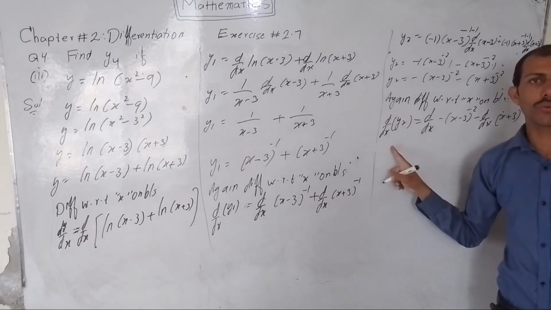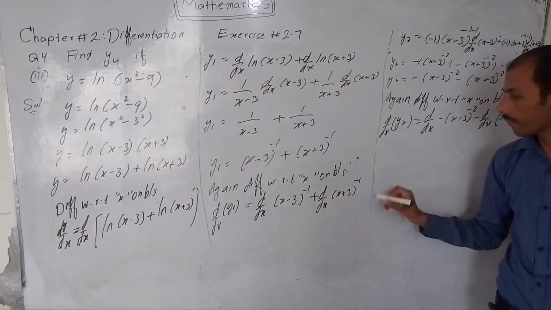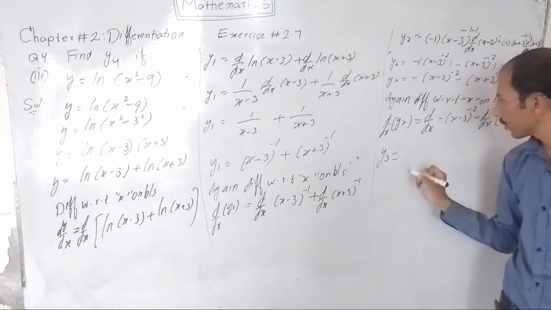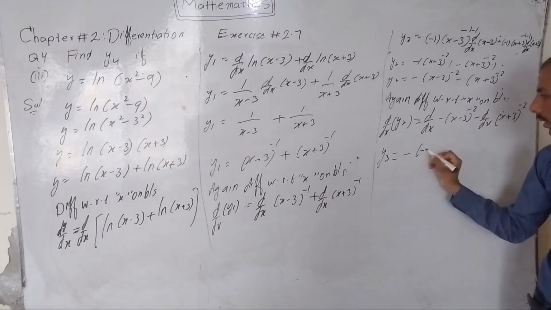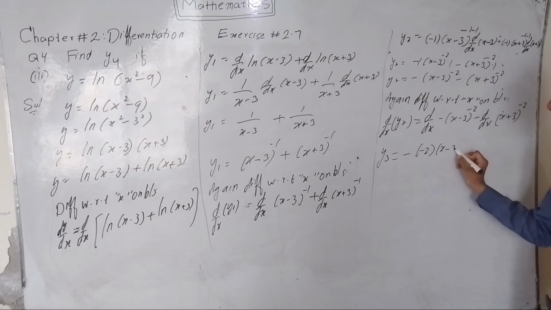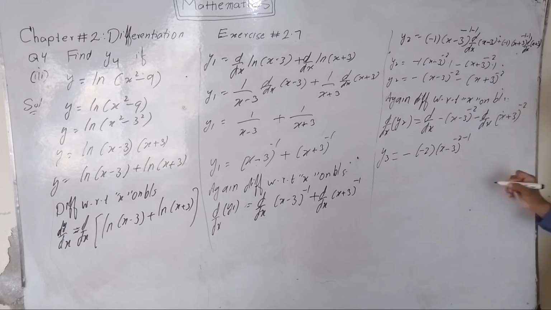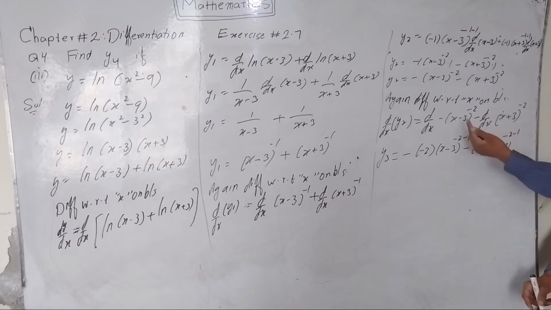Derivative of y2 with respect to x is equal to y3, minus, this is power rule, minus 2 into (x minus 3) whole power minus 2 minus 1, minus 2 power rule, minus 2 power first (x plus 3) power minus 1 subtract. Again derivative of x with respect to x is equal to 1.